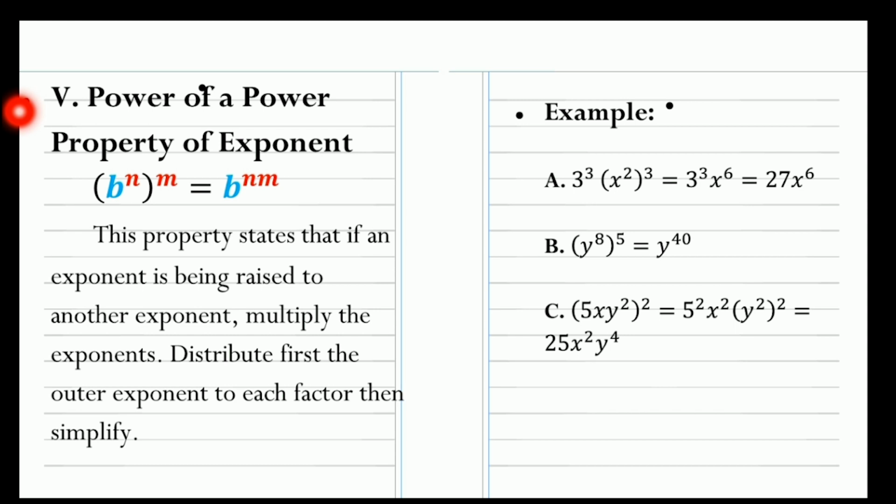The quantity y raised to 8, raised to 5, is equal to y raised to 40. And the quantity 5xy raised to 2, raised to 2, is equal to 5 raised to 2, x raised to 2, times the quantity y raised to 2, raised to 2. That is equal to 25x raised to 2, y raised to 4.